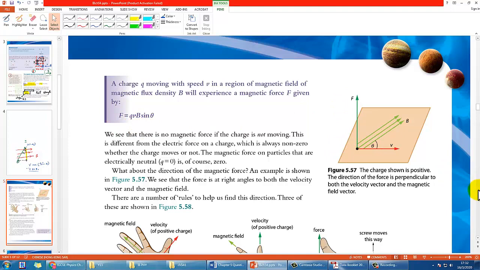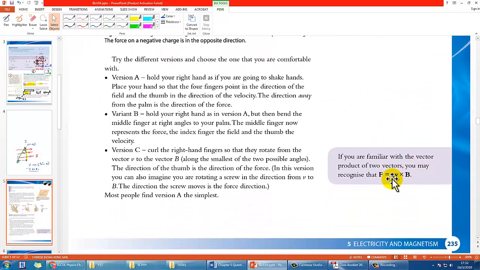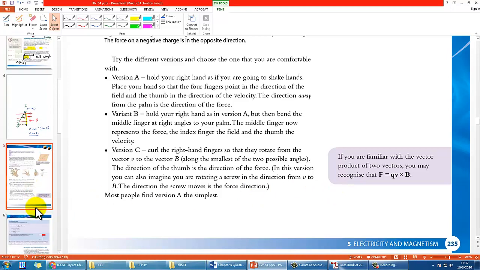But if you are trying to express it more properly in vector form, then we'll be using qv cross B. And if you learn more deeply in maths, you know B cross qv is different from this one, right? That actually will give you the opposite direction. If you don't understand this part, that's actually fine.